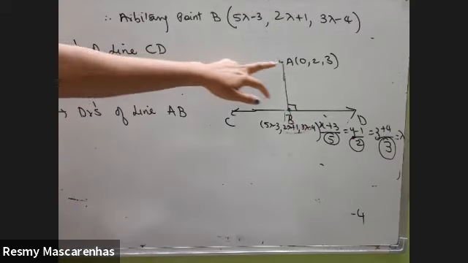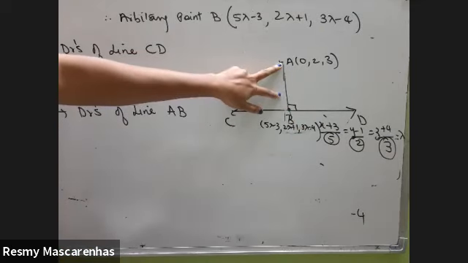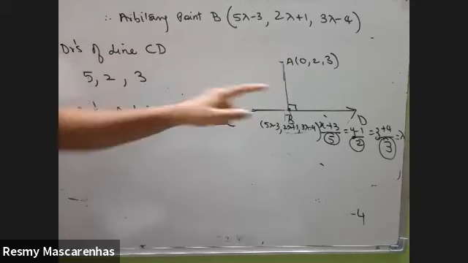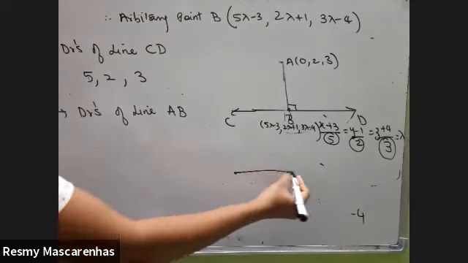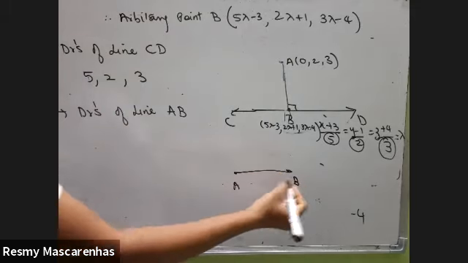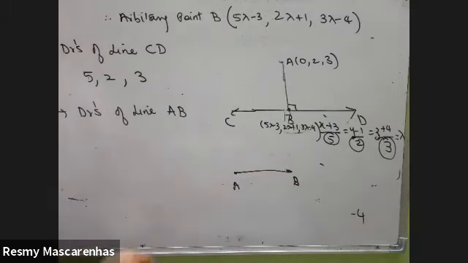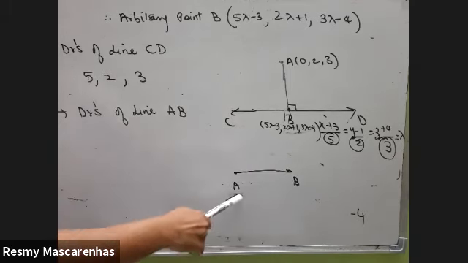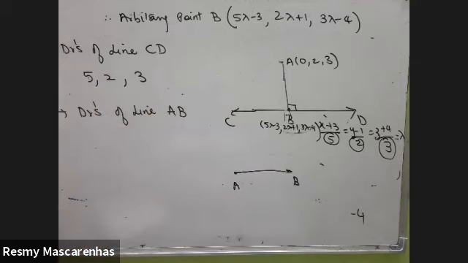The Cartesian equation, I don't know where I can locate it, but I've told you if you know the points, point A and point B, you can always find the direction ratios: x2 minus x1, y2 minus y1, and z2 minus z1.